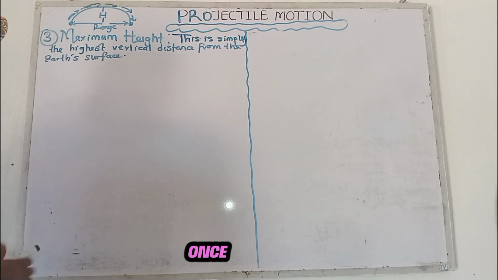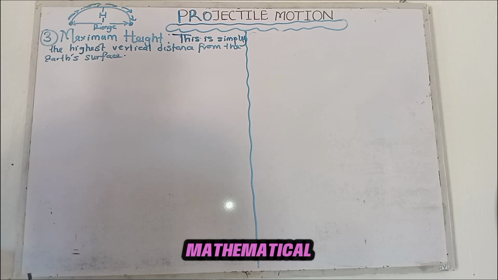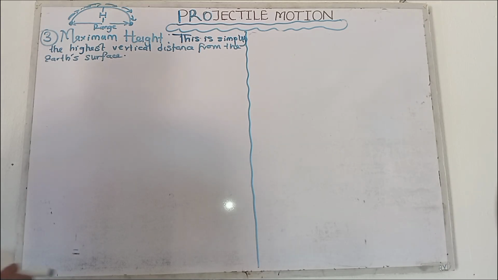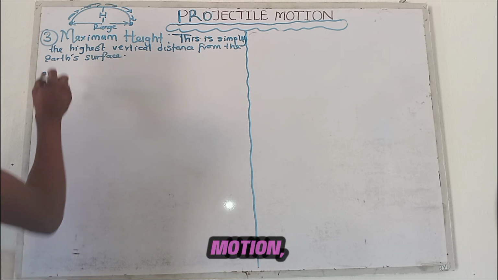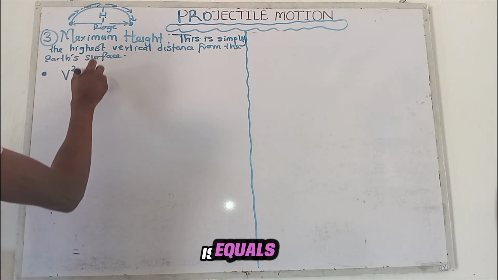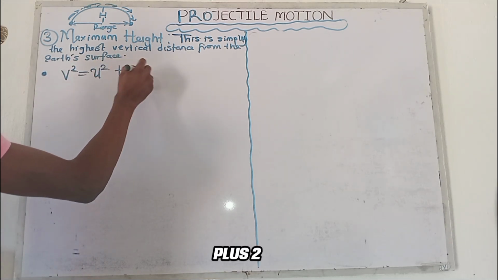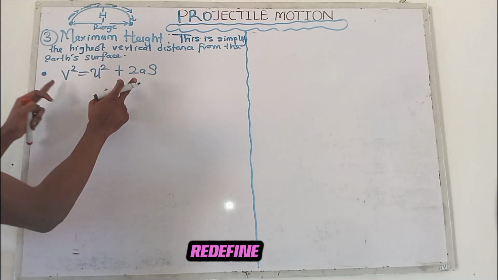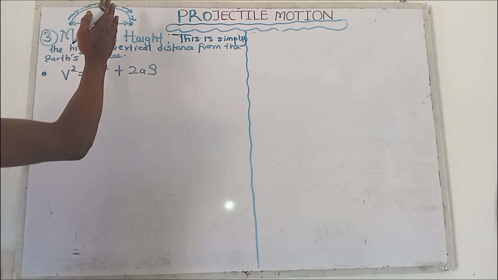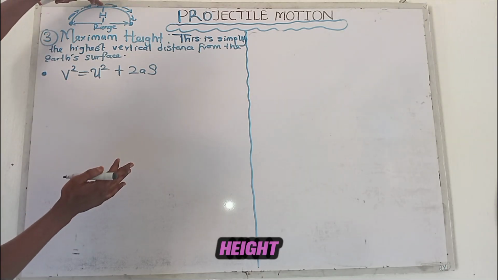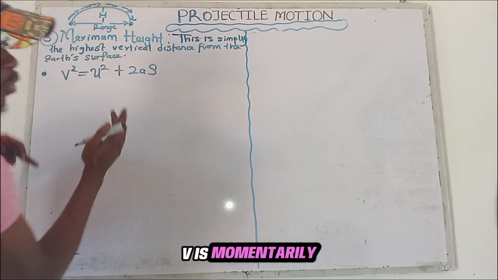Now, next up is we want to derive a mathematical formula for this proper. So we can do that from the third equation of motion, which is v squared equals u squared plus 2as. Now let's quickly redefine these terms as we derive. Don't forget that at the maximum height h here, our velocity v is momentarily zero.